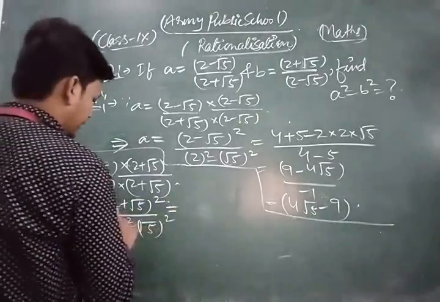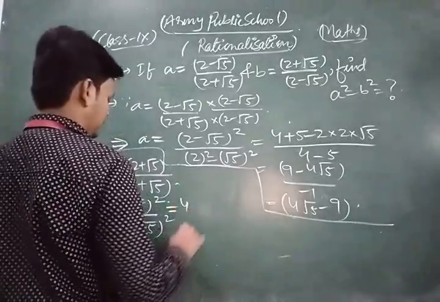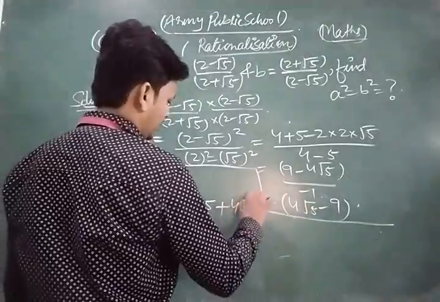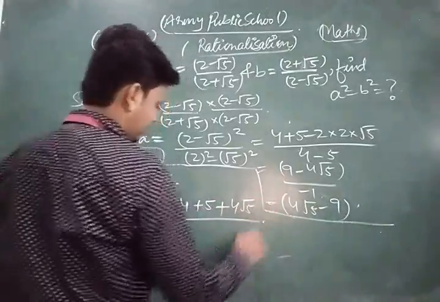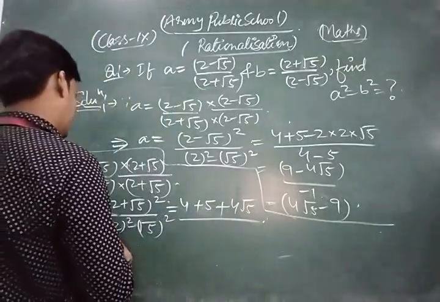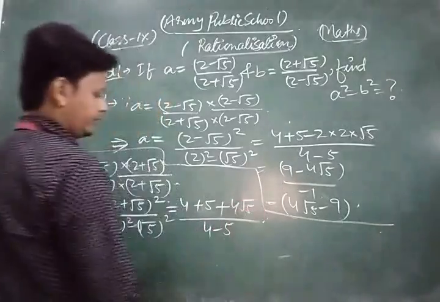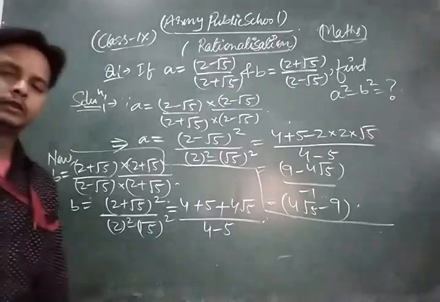So we get a plus b whole square, a square plus b square plus 2ab, 4 root 5, divided by 4 minus 5.